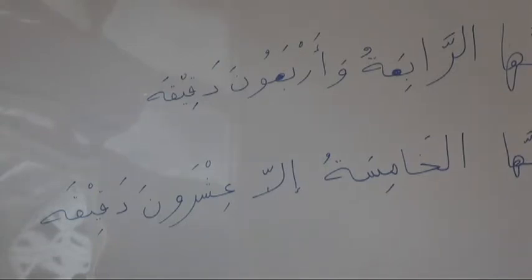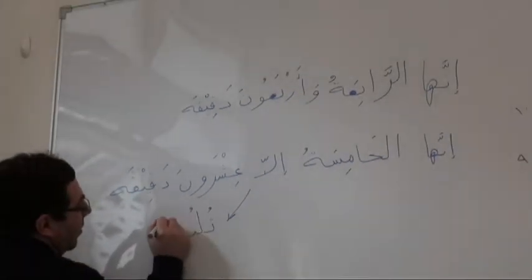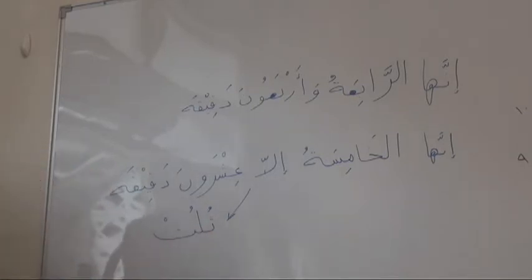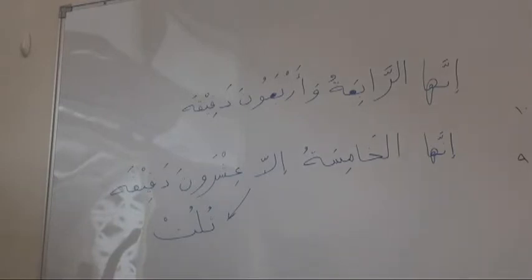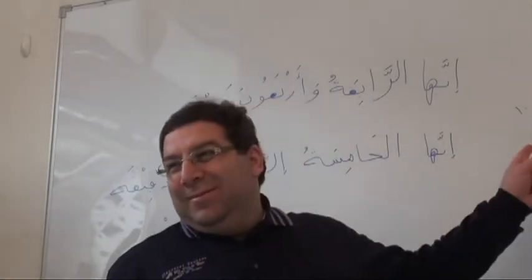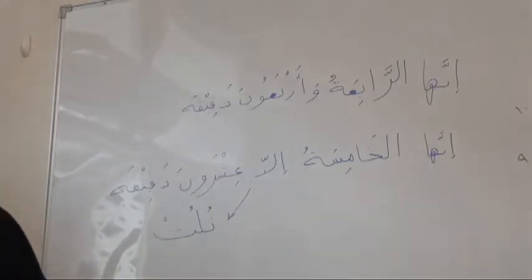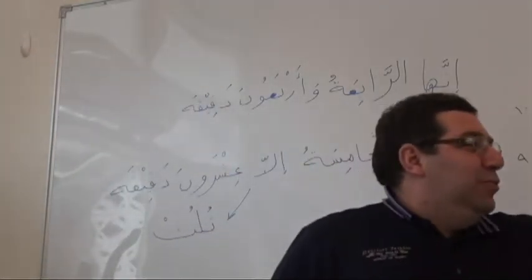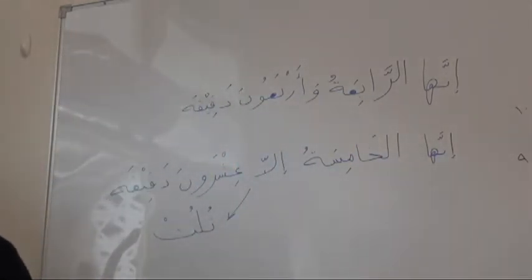This is the third way. And here there is something. We cannot say it is 4 and 2/3. It doesn't work. We cannot say إنها الرابعة وثلثين. It doesn't work in Arabic.